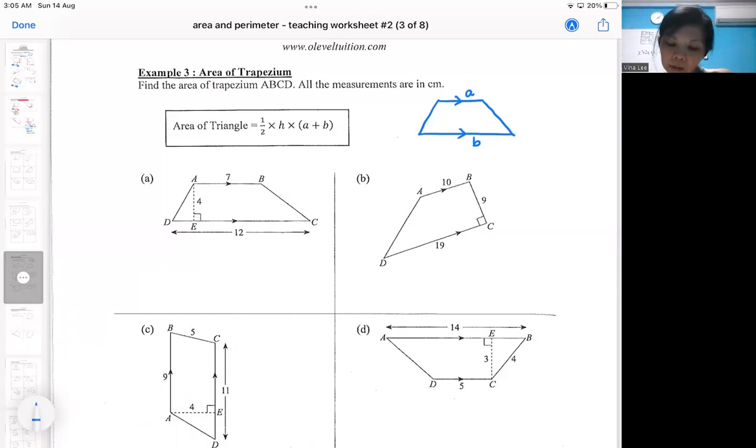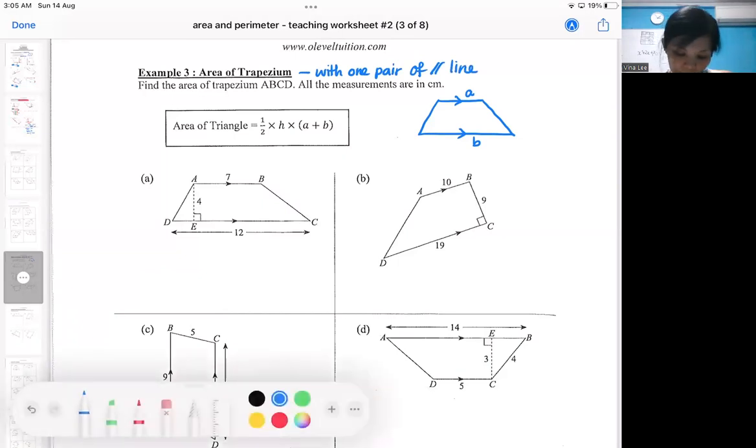Okay, so the parallel lines will usually be A and B. And in between the parallel lines, you will have a perpendicular height.